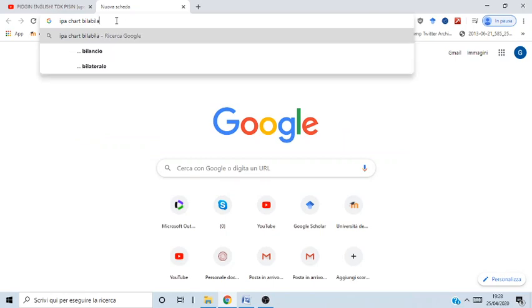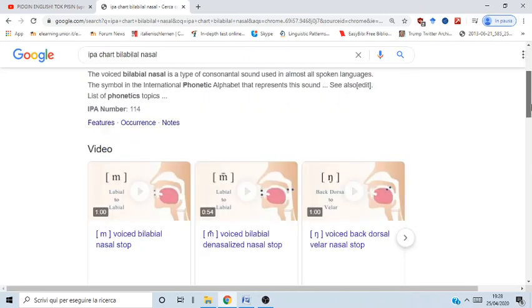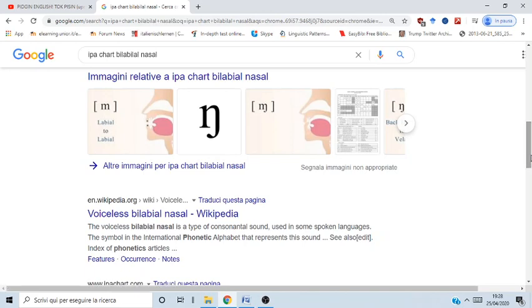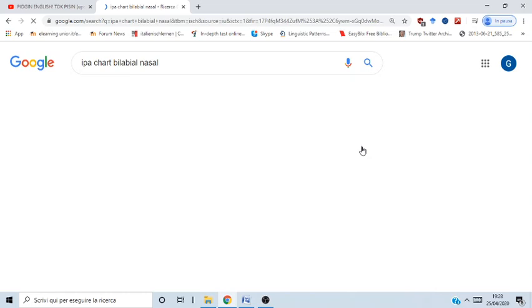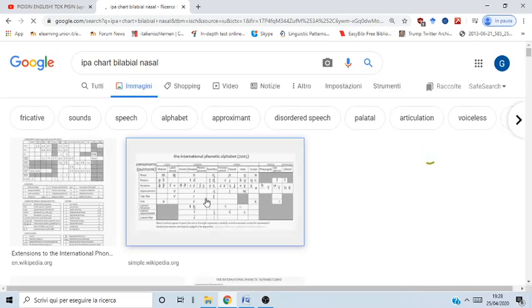Bilabial and nasal. Okay, if you're interested, I want to show you a chart. But you'll do it in general linguistics anyway. Just to show you what I'm talking about. Not that I'm going to ask you. No, absolutely not.